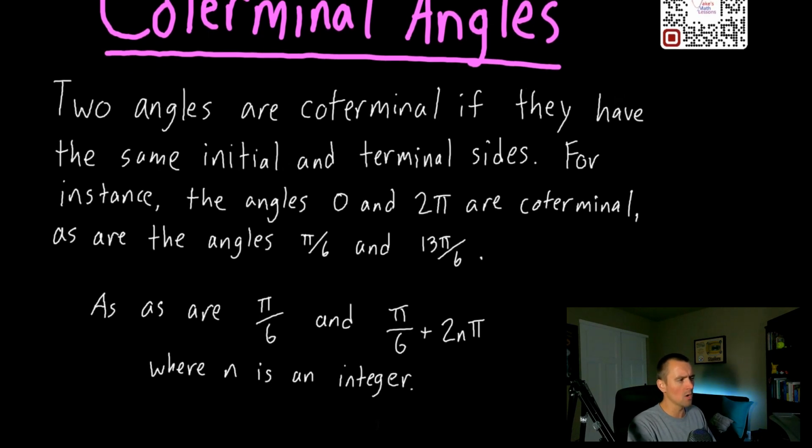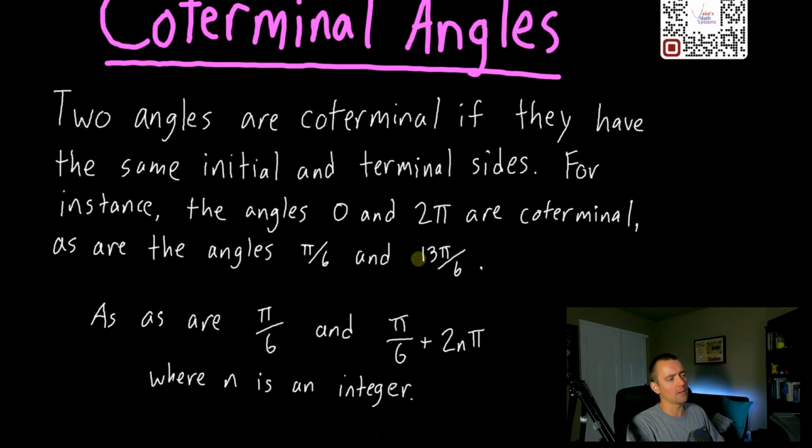Basically, it's describing that we need the initial and the terminal sides to be the same for two angles to be considered coterminal. It then goes on to give a couple of nice explanations here. 0 and 2 pi are two coterminal angles, pi over 6 and 13 pi over 6. And then it even says pi over 6 and pi over 6 plus 2n pi.